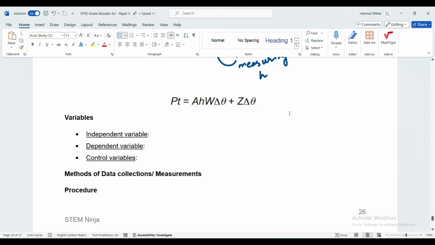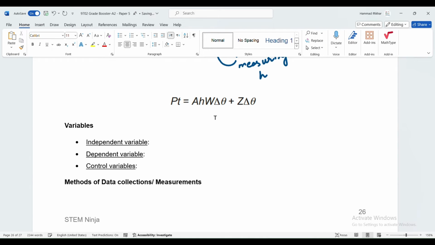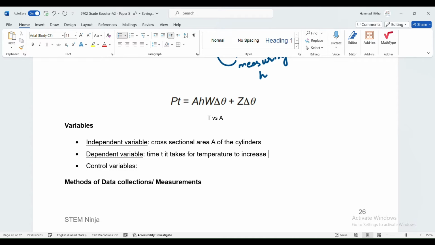T against A. Let me write over here T versus A. So the independent variable is the cross-sectional area A of the cylinders. The dependent variable is the time T it takes for temperature to increase by a constant amount.